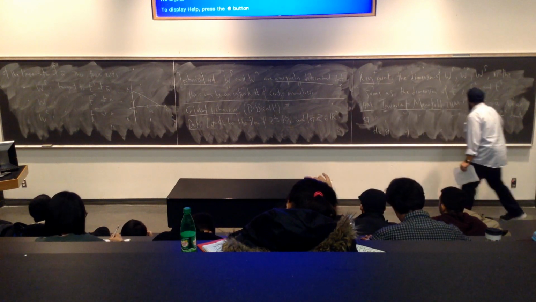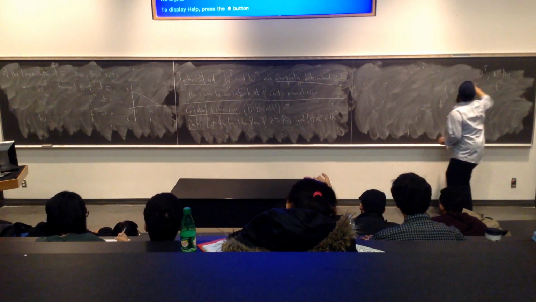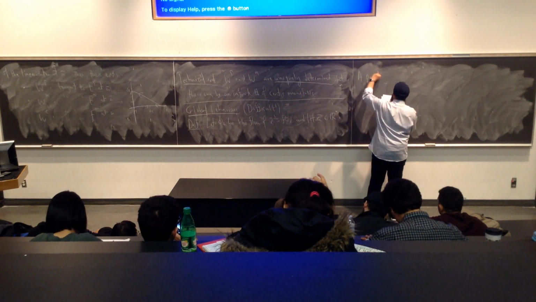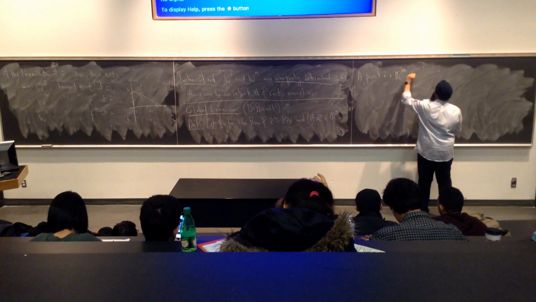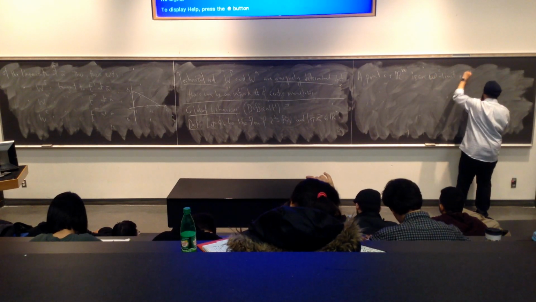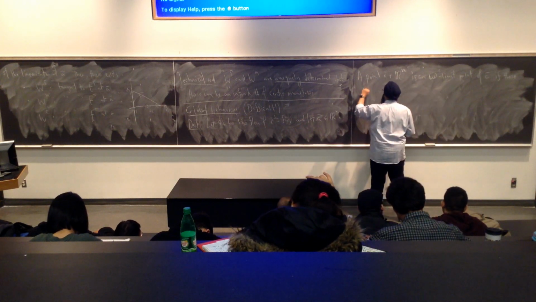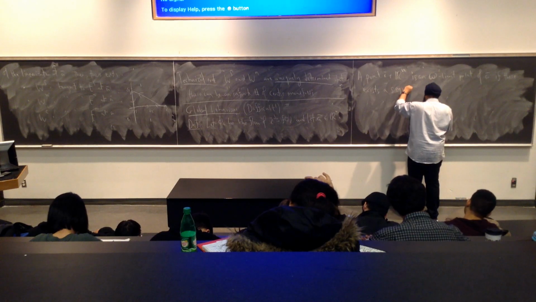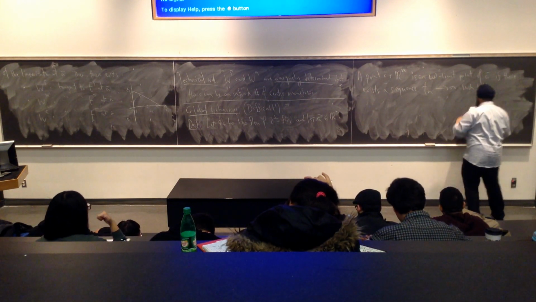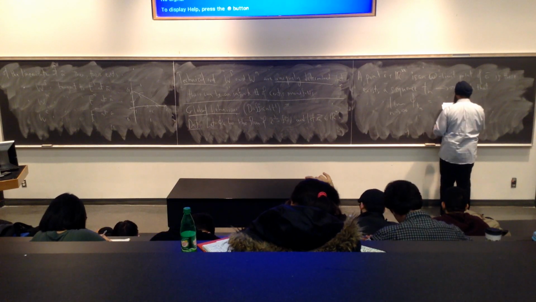We say that a point, let's call it x, in R^n is an omega limit point of A if there exists a sequence t_n going to infinity, such that the limit as n goes to infinity of phi_{t_n}(A) is equal to x.